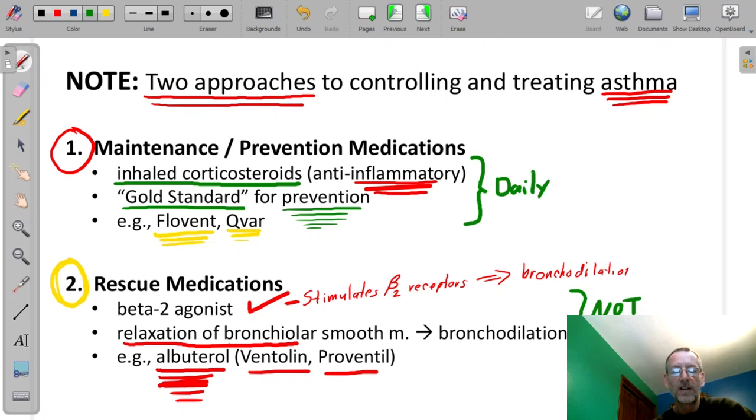You're not controlling the triggers, you're not controlling the inflammation, damage is being done in the lungs. So they need to try to tamp down the inflammation, identify the triggers, avoid them, and start taking and maintain the inhaled corticosteroid use. Okay, that's it for this unit.